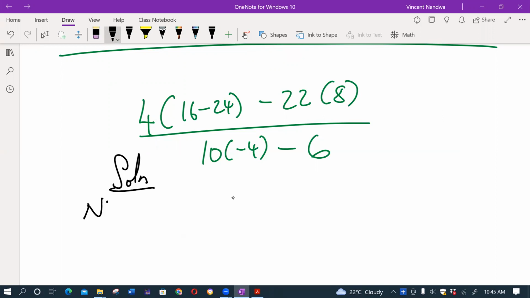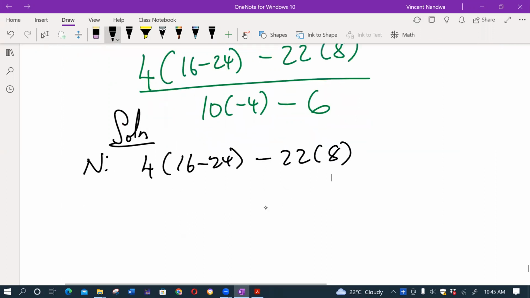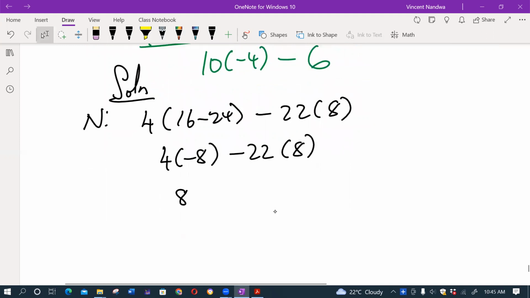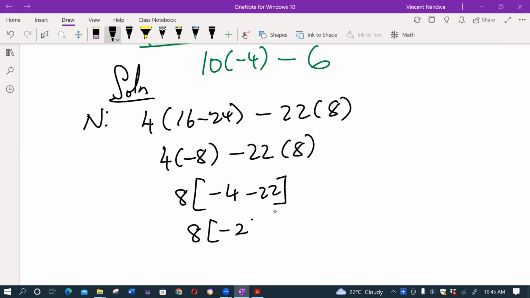So numerator: 4 into 16 minus 24 minus 22 into 8. 16 minus 24 is minus 8, minus 22 into 8. So I can factor out 8 into minus 4 minus 22, which is 8 into minus 26, which is minus 208.